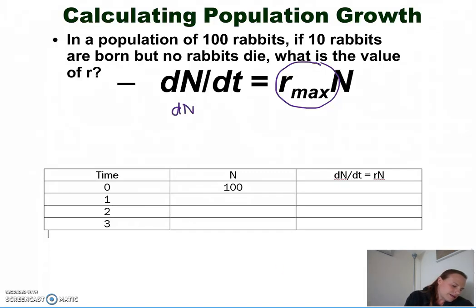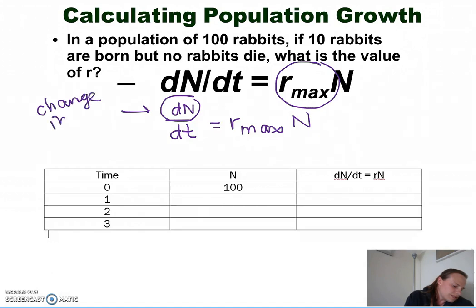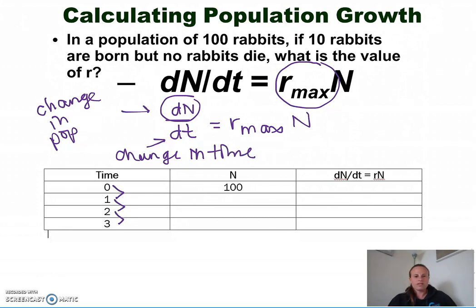So delta N over delta t is equal to r max times N, where delta N is the change in population, delta t is the change in time, which in this case is equal to 1 because we're changing by 1 each increment. And this is just an arbitrary increment of time. It might be 1 minute, 1 hour, 1 day, 1 month.